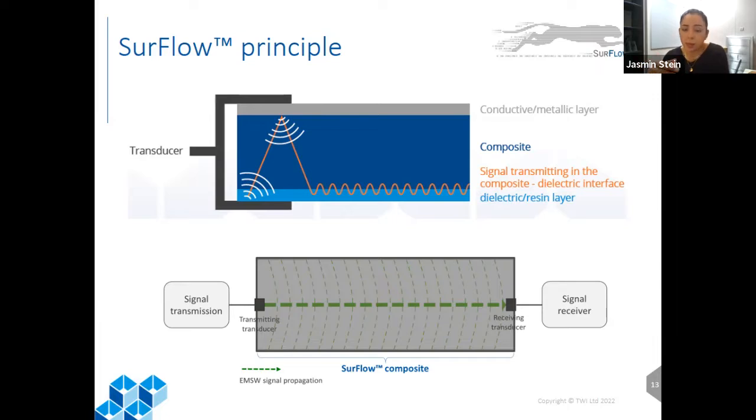The reason being the composite itself is a dielectric layer, but the dielectric resin layer we have shown here has slightly different dielectric properties, and therefore you get a signal trapped onto an interface. This is the cross-sectional view, and if you look at the composite from the top, this is the dielectric surface, and you can see the signal propagation. This is in the simplest terms possible.